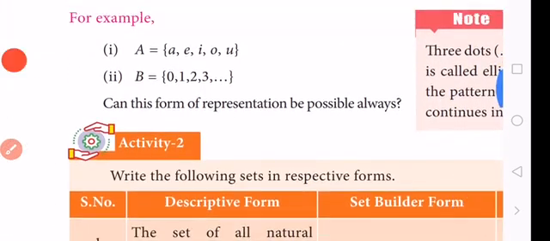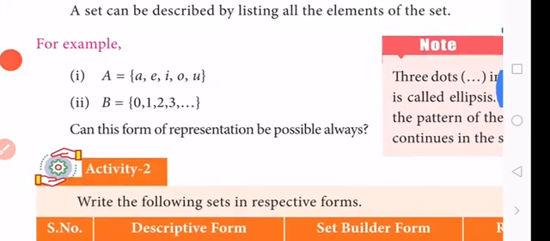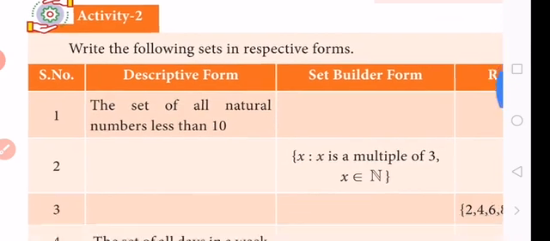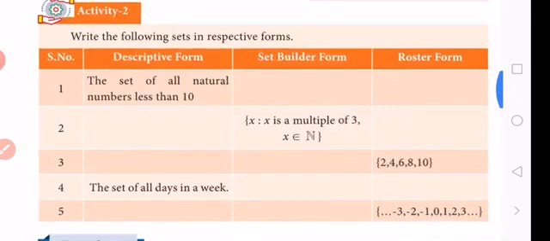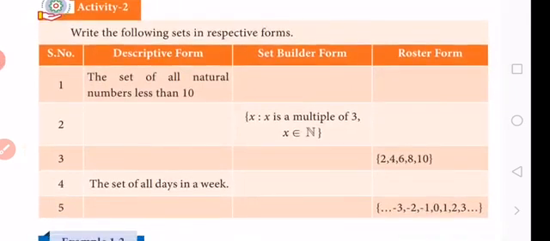Okay, students. Now we give more explanation about these three representations of sets. Now we are going to discuss one example of an activity. Write the following sets in the respective forms.